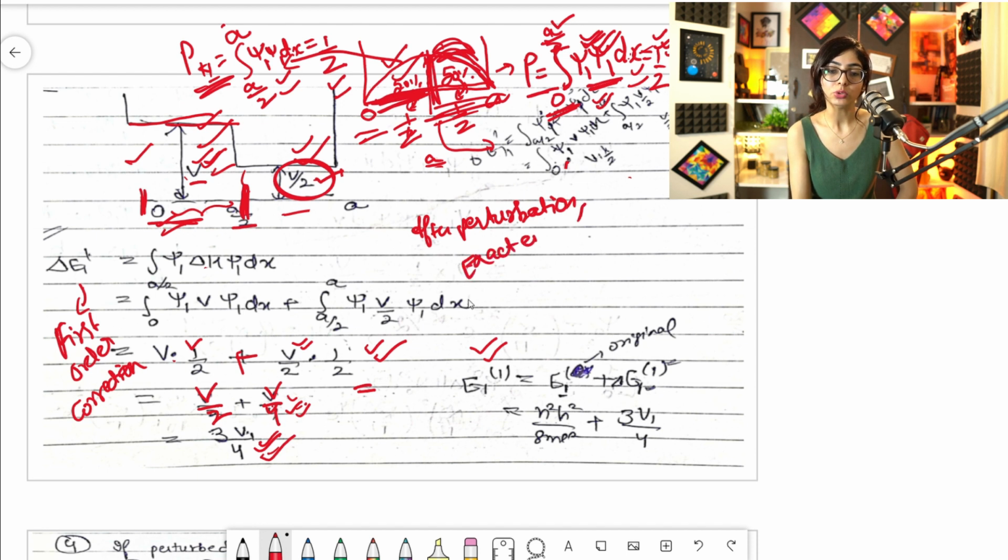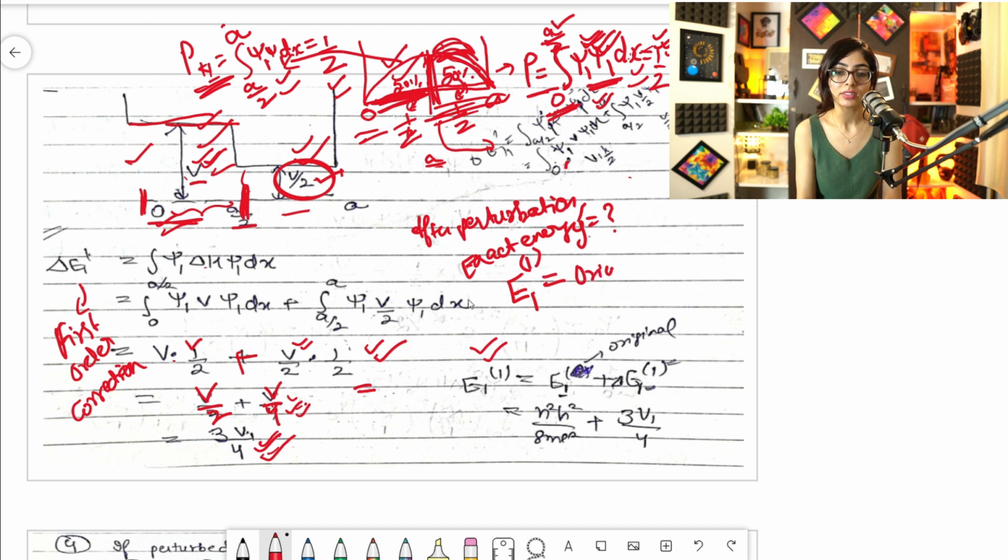So what you'll do, for the exact energy, you will do like this. The exact energy is always the original plus the first order perturbation, this first order correction to the energy. Always remember that. Clear?